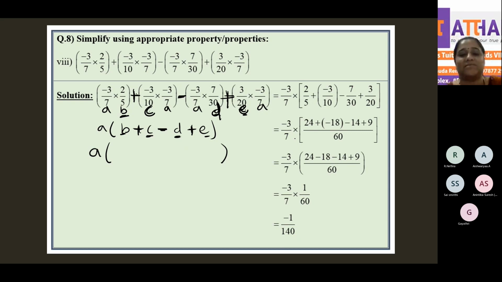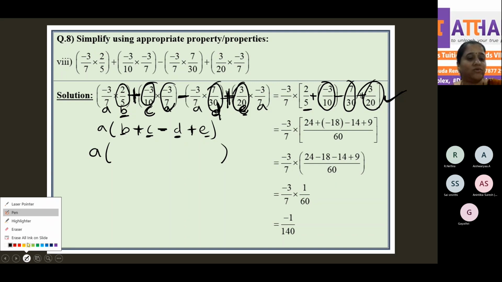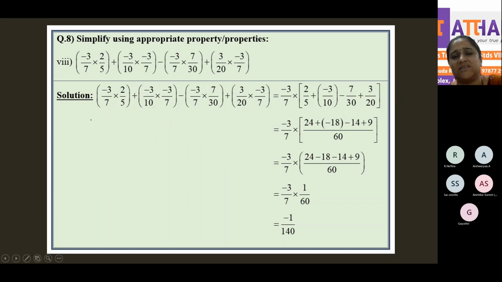Okay, so minus 3 by 7 out into this one, 2 by 5, plus minus 3 by 10, plus minus 7 by 30, plus 3 by 20. I'm sure all of you can understand. Right, children? And then it is LCM and simplifying.